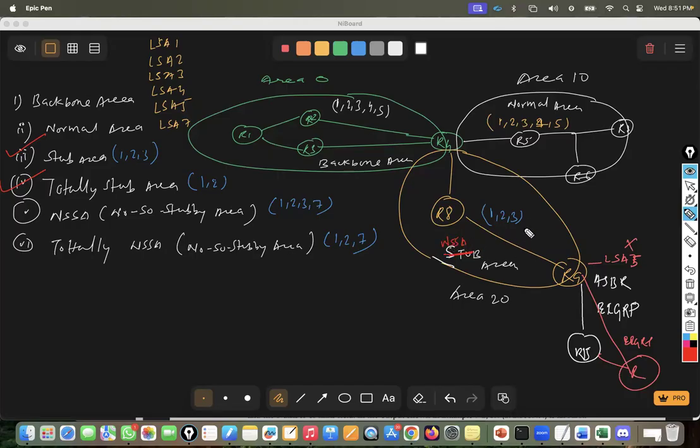So the NSSA area is going to allow LSA 7. Anything you inject externally is going to be sent as an external route as LSA 7, not LSA 5, meaning any external thing which is coming from the outside into the OSPF domain.